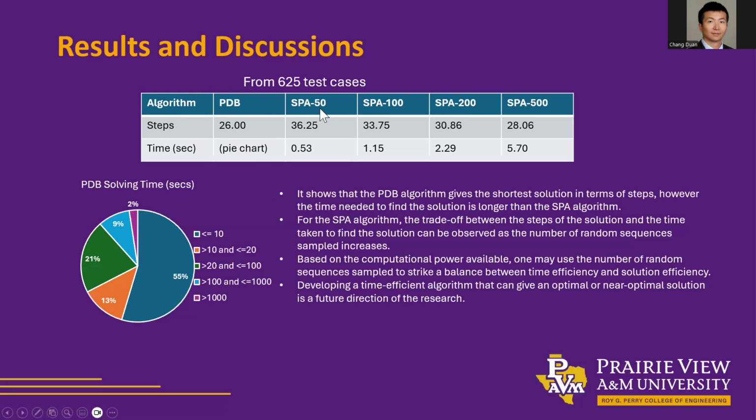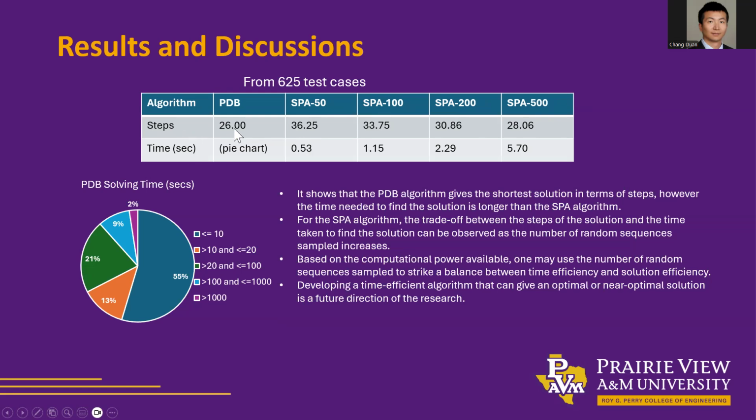And the number after SPA is the number of sequences we sampled. So like I explained just now, we generate random sequences so that we can potentially find a smaller amount of moves to do it. So there's 50 samples, 100 samples, 200 samples, and 500 samples.